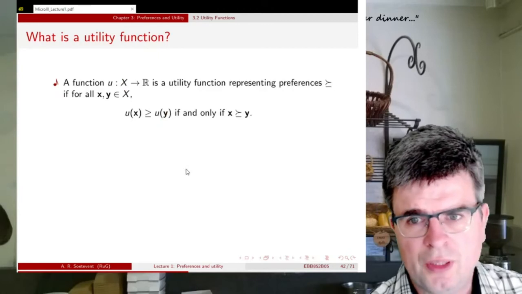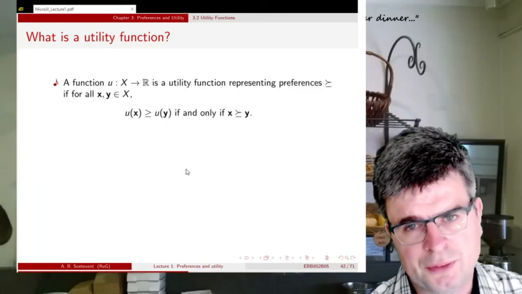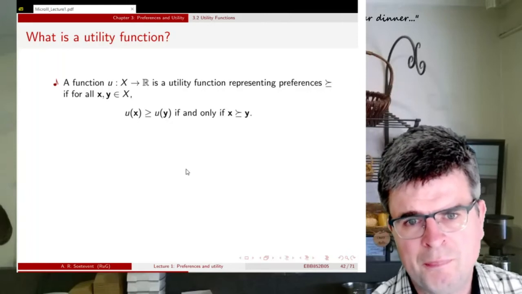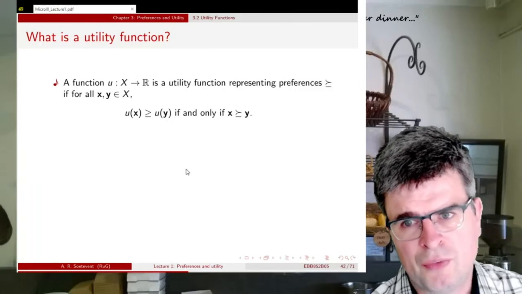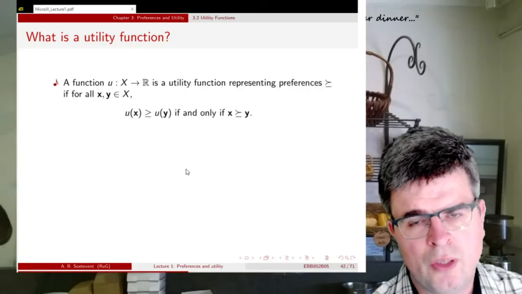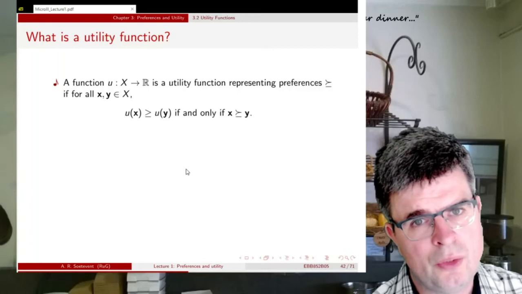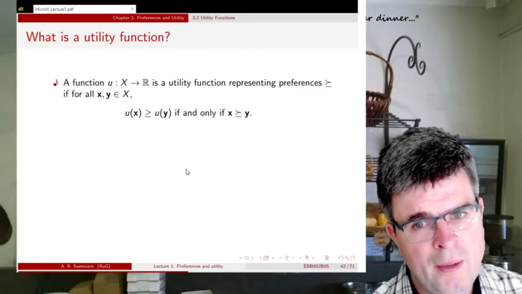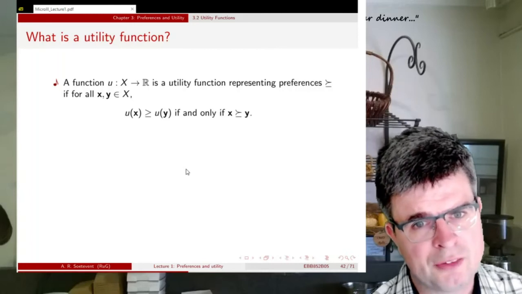Second question: what is a utility function? A utility function maps from the set of choices to the space of rational numbers. And the utility function is a representation of the preferences. So if the utility of an alternative x is at least equal to the utility that the person derives from the bundle y, then it must be that this person weakly prefers x over y.